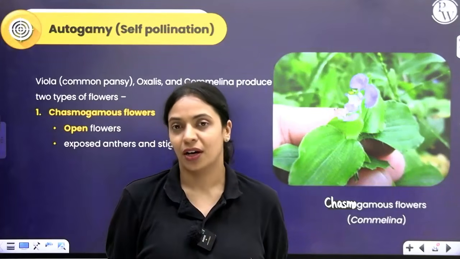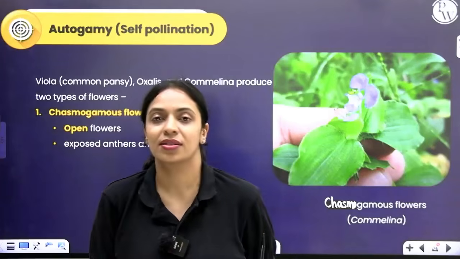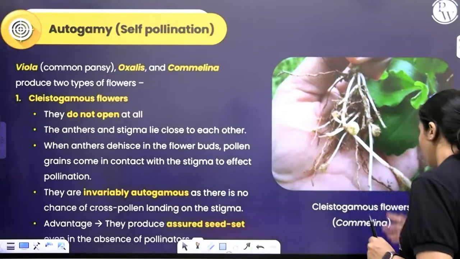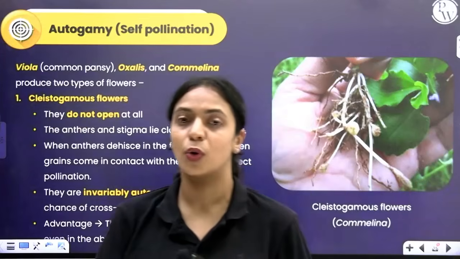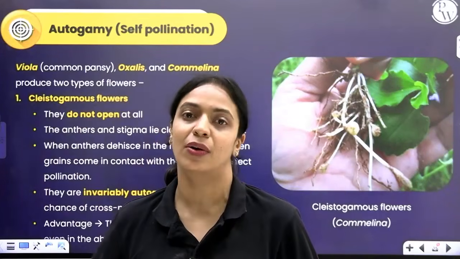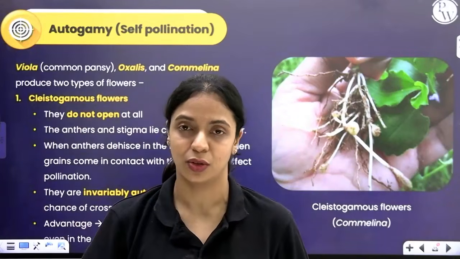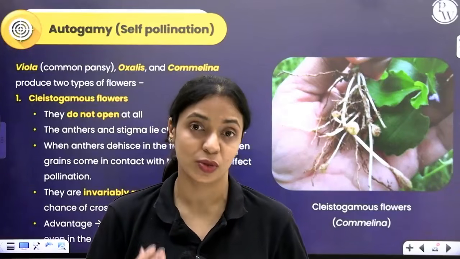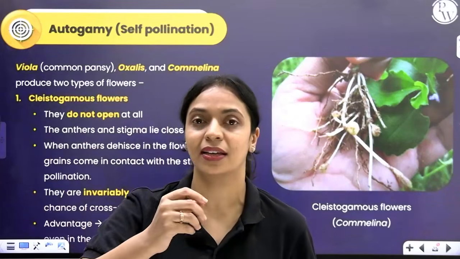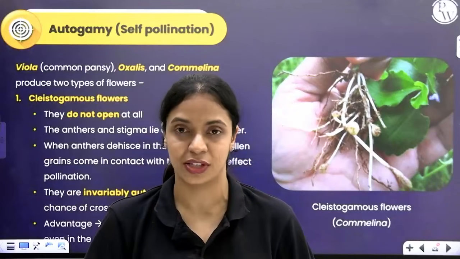right? In contrast, if you consider the cleistogamous flowers which never open, since they don't open, there is no chance of this pollen in this flower leaving the flower and pollinating some other plant or some other flower. Also, since this flower doesn't bloom at all, there is no chance of some other pollen coming and landing on the stigma of this flower.